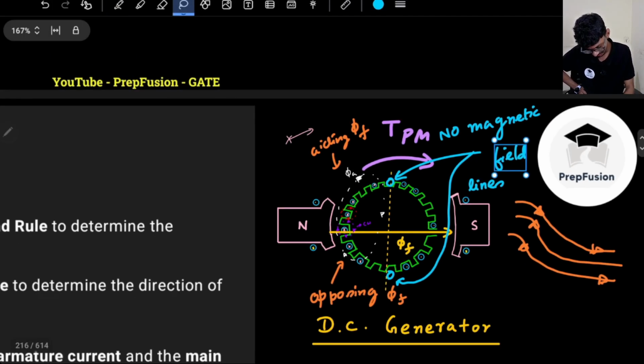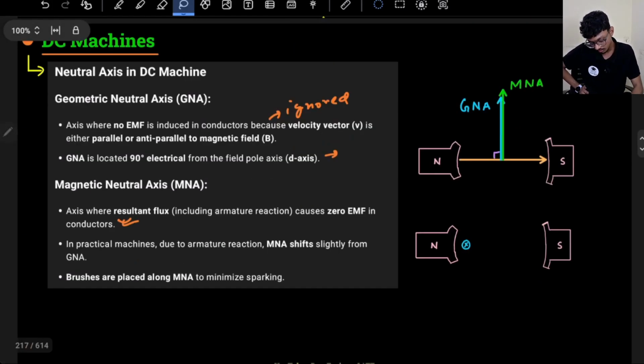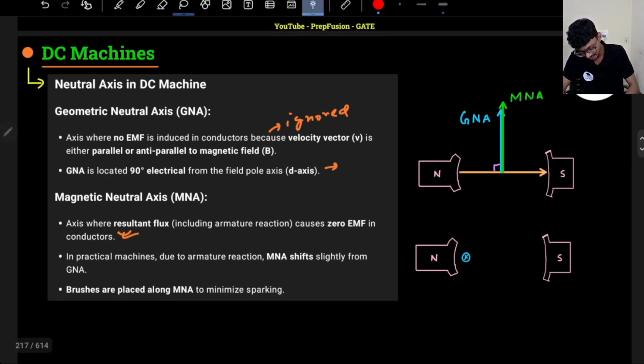So it will be that axis where there are no magnetic field lines. If there are no magnetic field lines, there is no induced EMF. So in the first case, if I just have a conductor not carrying any current, both GNA and MNA will be parallel with each other.